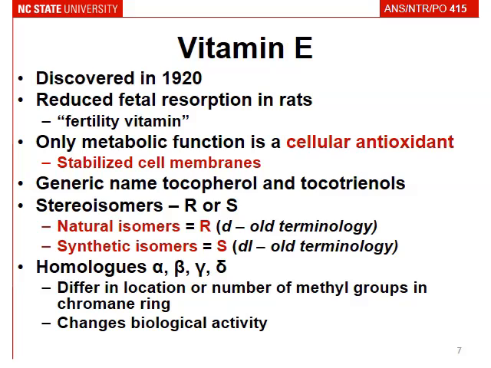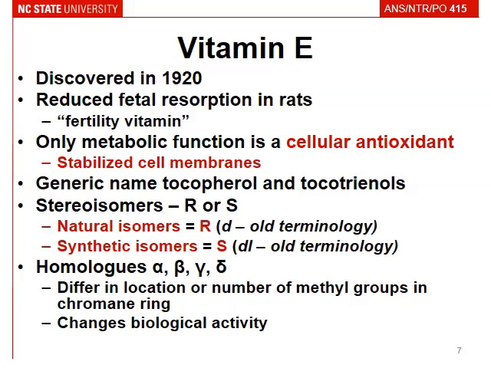And its only metabolic function is as a cellular antioxidant. So it is stabilizing our cell membranes and saving if any reactive oxygen species come in contact with the cell, vitamin E is there within the cell membrane, and it can stop the initiation and propagation.